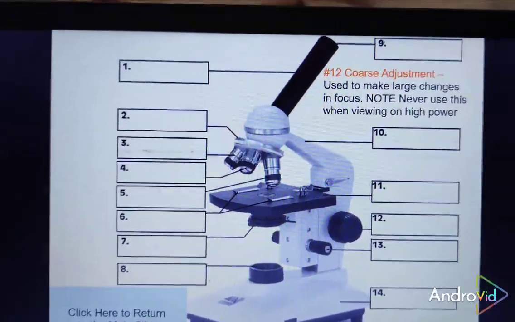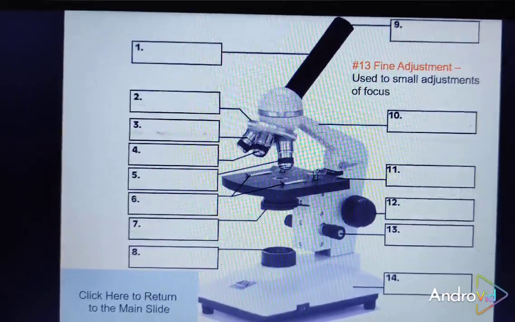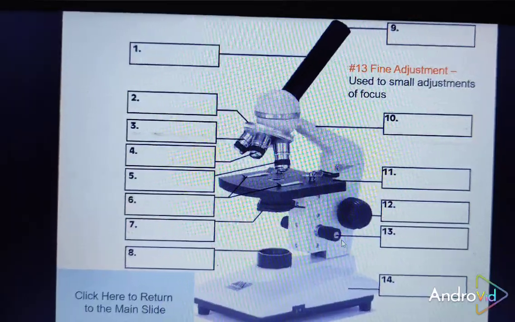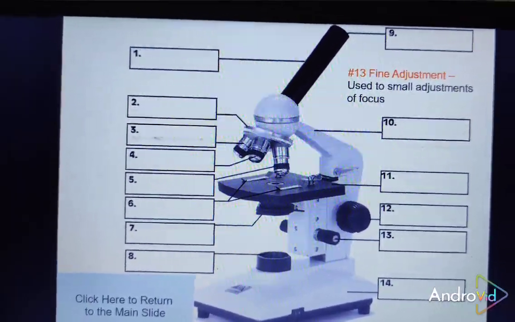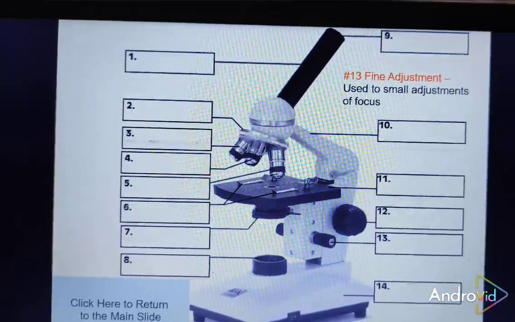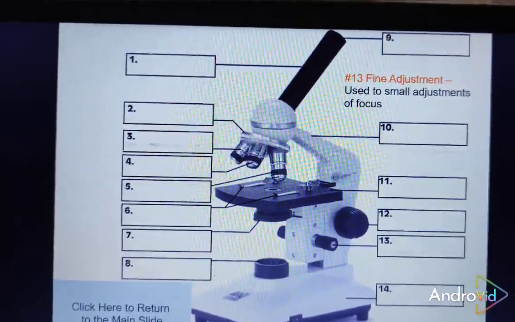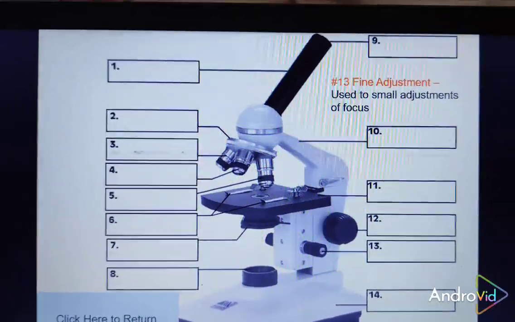Over here you can see the fine adjustment knob. It is used to adjust the slide specimen properly, and you can visualize the image in the slide by properly focusing with the fine adjustment knob.